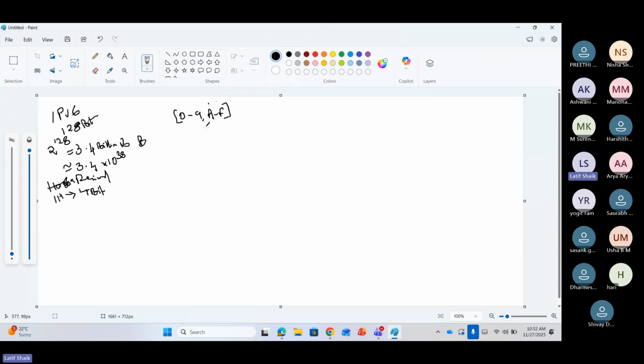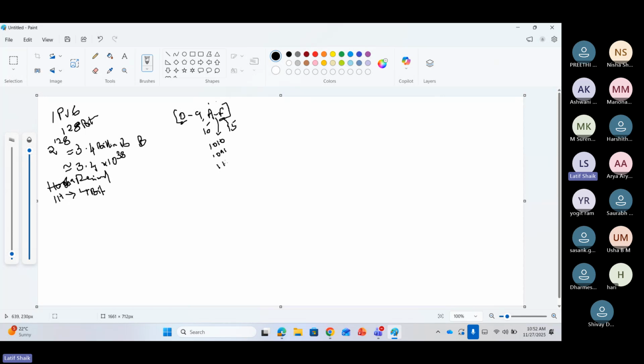Like A in decimal format is 10, F is 15. So it starts with 0 and ends with F, which means totally 16 numbers are there. If you write A in binary format, it is 1010. B is 1011.